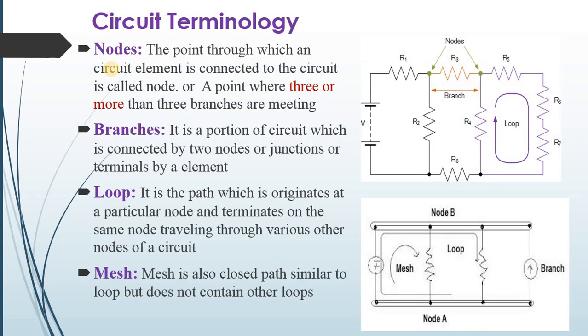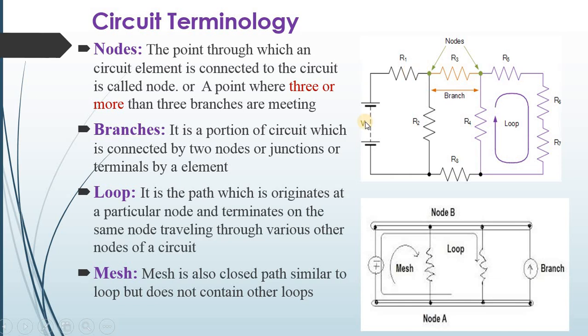Then we will see some terminologies related to DC circuits or any circuits. First is the node. A node is the point through which a circuit element is connected to the circuit. In other words, the point where three or more branches are meeting.